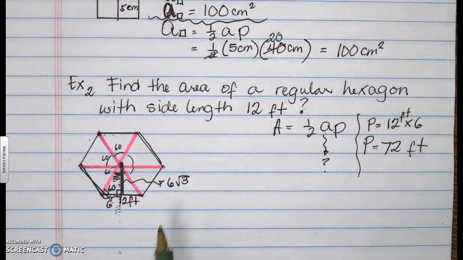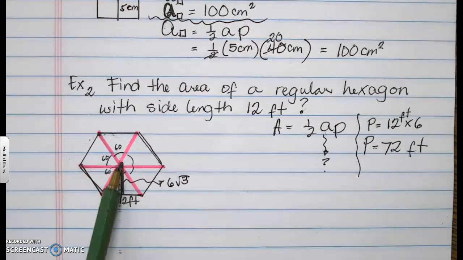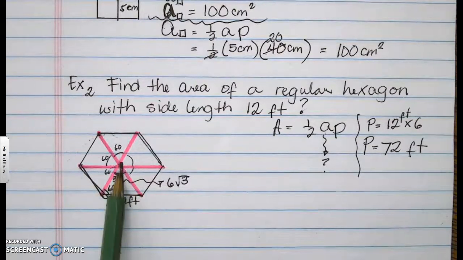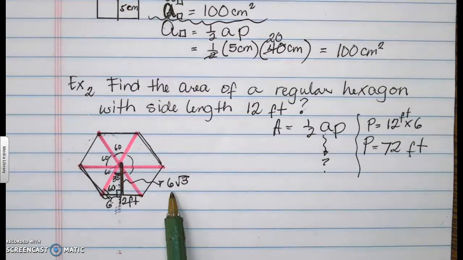So now if this whole thing is 12, and I'm drawing my perpendicular segment from the center of the polygon, this becomes a 30, 60, 90, a special type of right triangle. If the whole side is 12, then this piece right here is 6, and the altitude, the apothem, I'm sorry, is going to be 6 square root of 3.